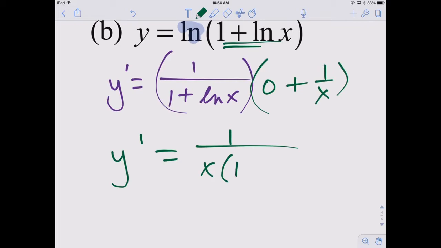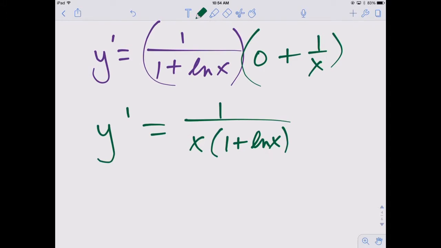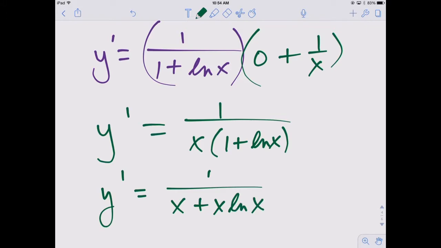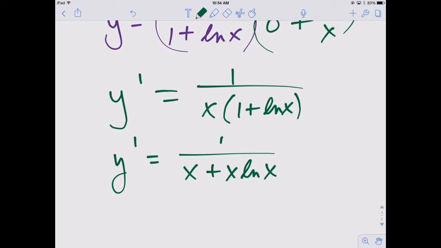And you could say it's 1 over x times the quantity, 1 plus ln of x, or you could distribute. That's probably going to be the answer that you'd see. But again, just playing around with some of the other options, distributing gives you 1 over x plus ln of x over x. And not that this would be the case, but what could happen with the coefficient now of the natural log of x?